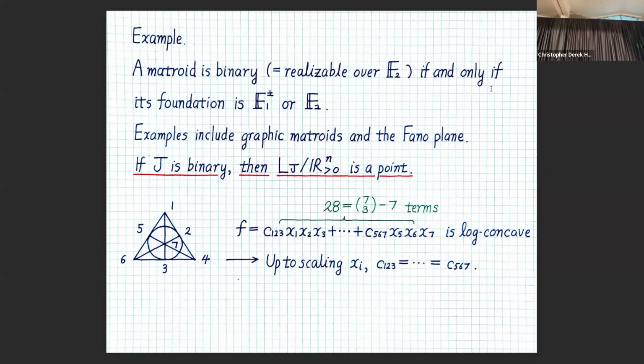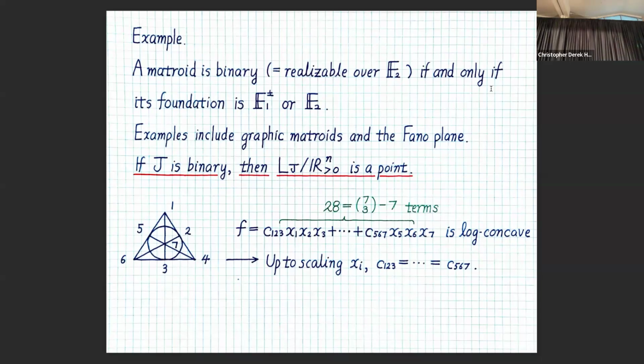For example, take 7 points in P2 over F2: 1, 2, 3, 4, 5, 6, 7. So there are 7 variables, x1 to x7. Consider all 3-element subsets of it. 7 choose 3, there are 35 of them. So we are talking about taking linear combinations of 35 monomials.